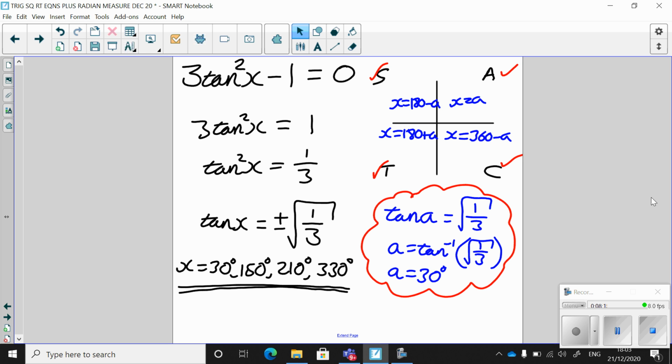So we could isolate sine, cos, or tan on its own. We took square roots, but we just had to remember that when we're taking square roots, we were going to get a positive and a negative value, which would yield all 4 quadrants, provided it was 0 to 360-ish. Okay, so I'm going to let you go on that one.